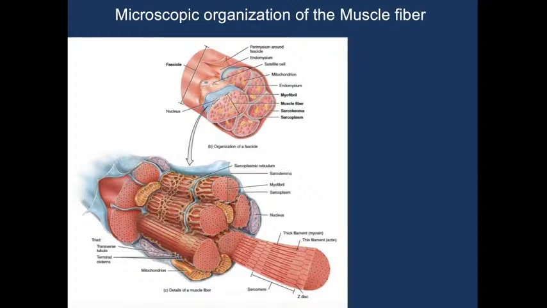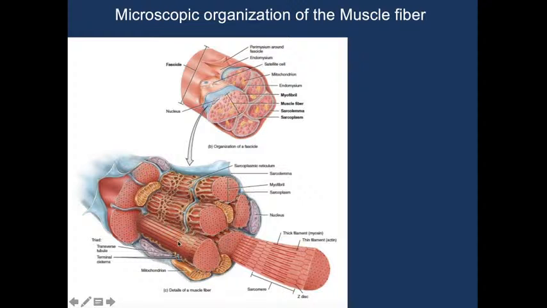Myofibrils are about 2 micrometers in diameter, and they extend the entire length of the muscle fiber and have prominent striations that make the whole muscle fiber look striped.